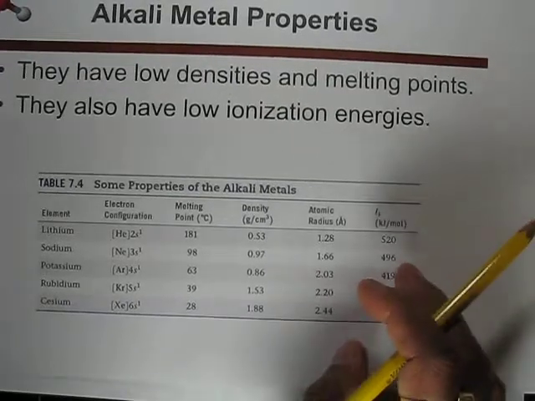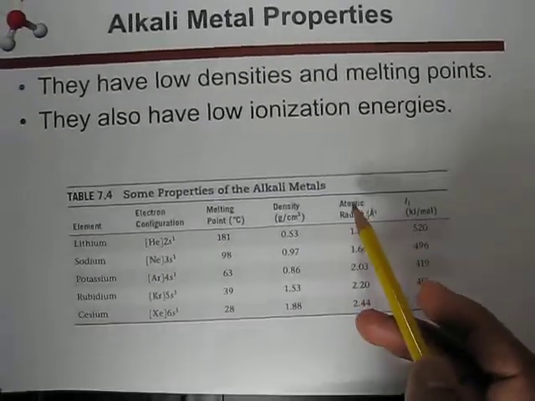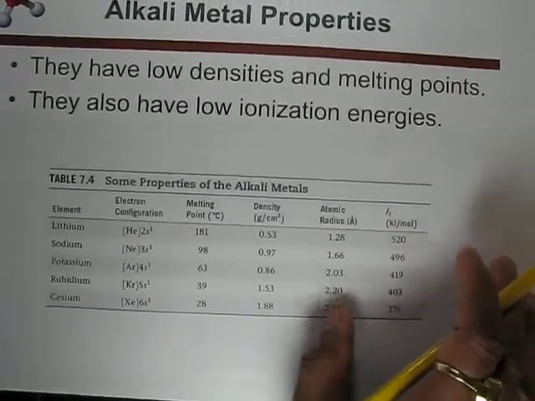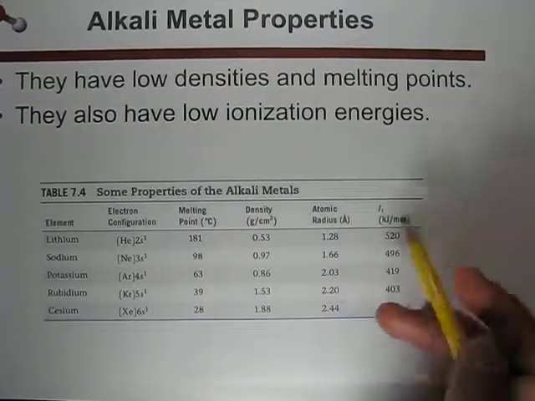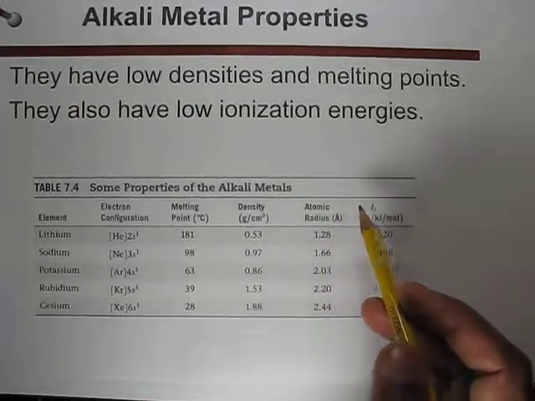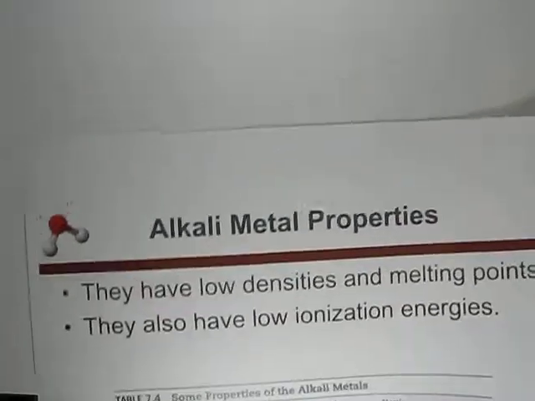So alkali metals have low density, low melting points, low ionization energies, and they are shiny and conduct electricity.